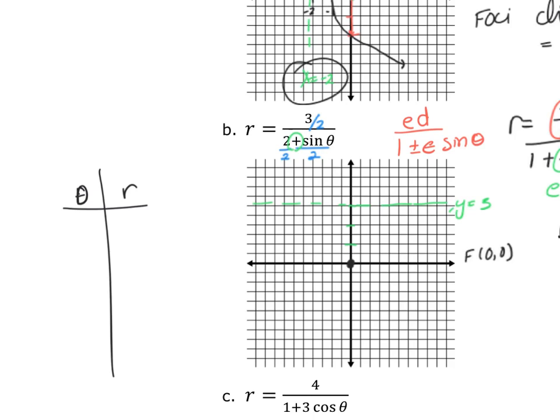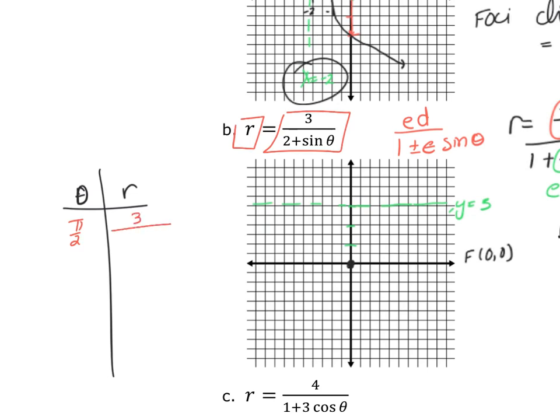So r is, again, this equation. Let me clear up some of my drawings over here. So this is the equation in which I'm going to put in theta. Because I want to know where my vertex is, let's put in theta of pi over 2.